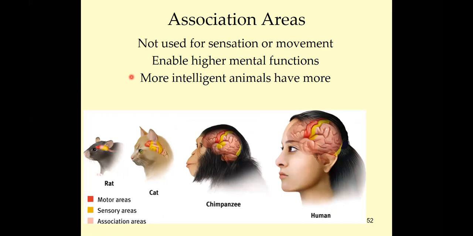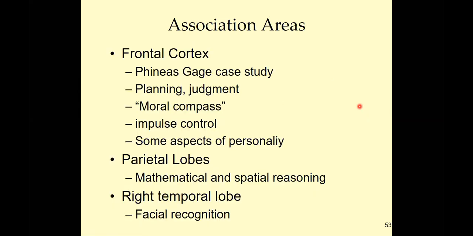What we find also is animals that we consider to be more intelligent tend to have more association areas available for themselves to work with. Humans have the most of all. So again, these association areas differ from one area of the brain to another. So let's just have a look at a few.